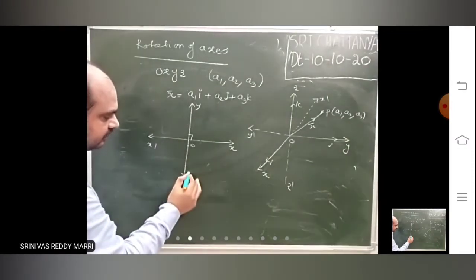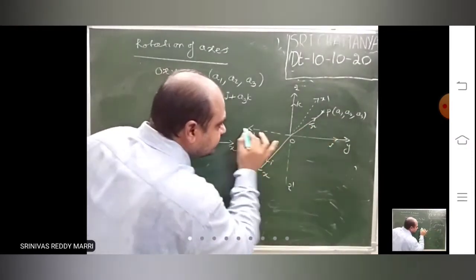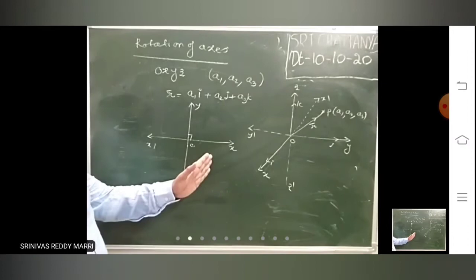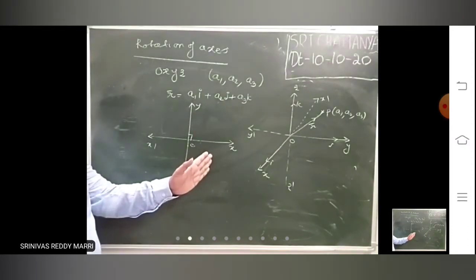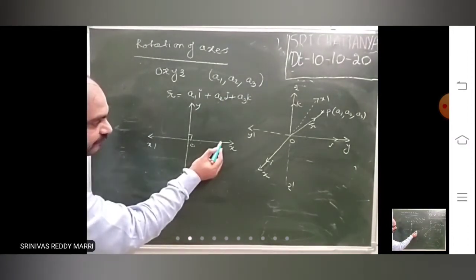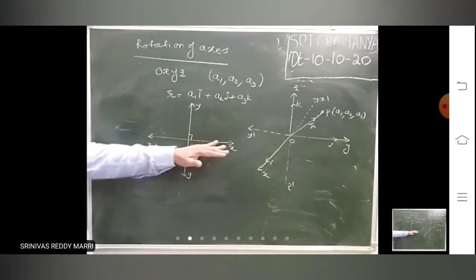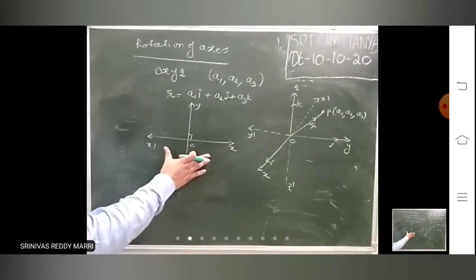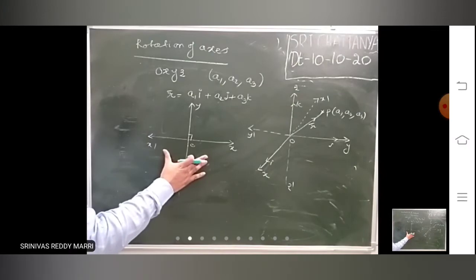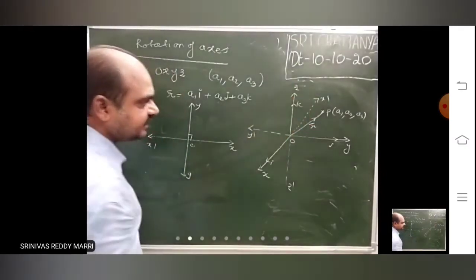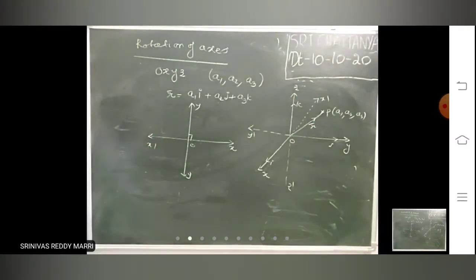No need to draw the z-axis. Without the z-axis the plane will look like this, the XY plane. But x to y must be anti-clockwise. The z-axis is fixed. The z-axis is not rotated.